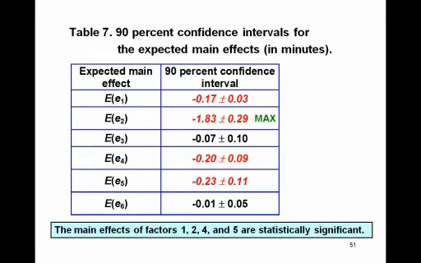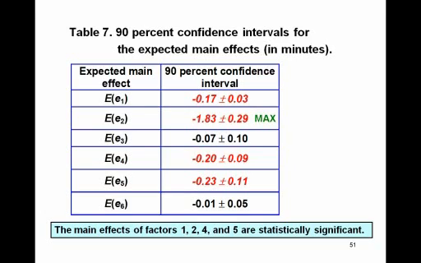So here are the numerical results. We see in column 1 the 6 expected main effects. So capital E of little e sub 1 would be the expected main effect of machining times. And we look at our 90% confidence intervals. The ones in red italics are statistically significant.